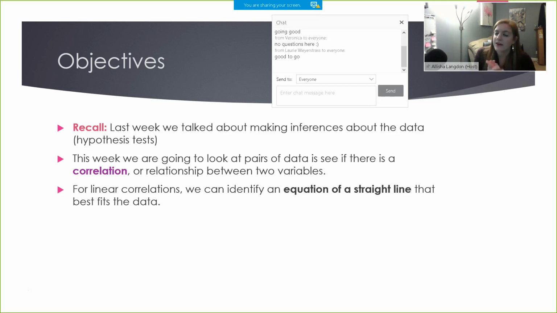So we're going to talk about if these two variables have a correlation, and we're going to do that by looking at linear correlations and identifying their equation of the straight line. So this might feel like a little bit of algebra. Do you guys remember algebra, doing linear equations, perhaps graphing them or anything like that? Does that sound familiar? We're going to pull a little bit, but it's not going to be too much, I promise. You know Excel does most of the work for you.